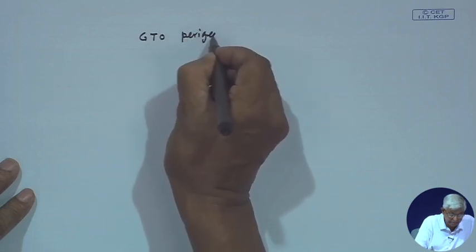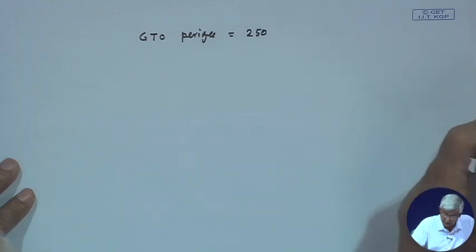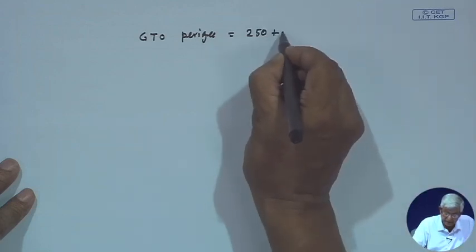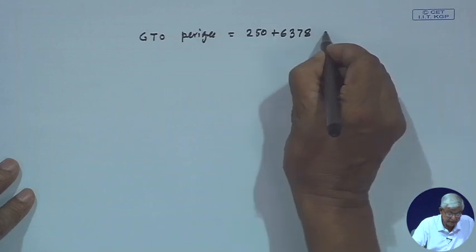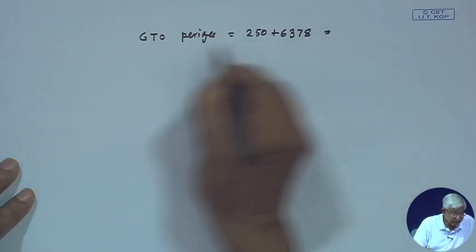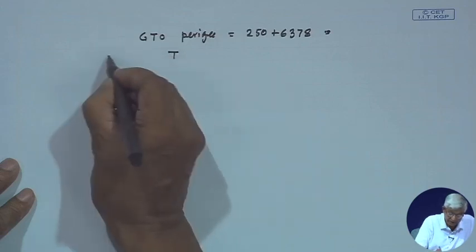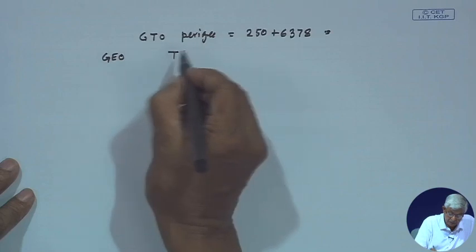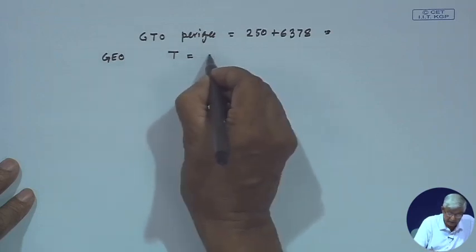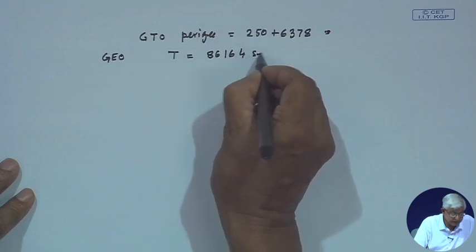Perigee is given, which is 250 kilometer, obviously a height, plus 6378 we have to take. And then for the GEO orbit, the time period is a sidereal day, which is 86164 second.